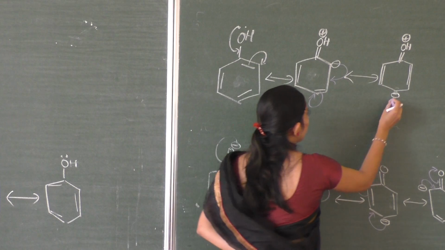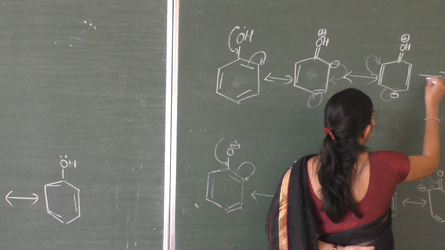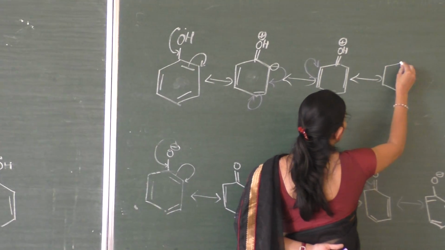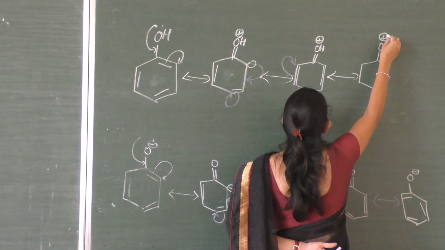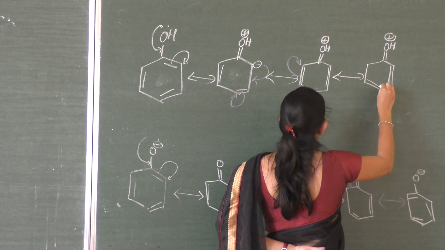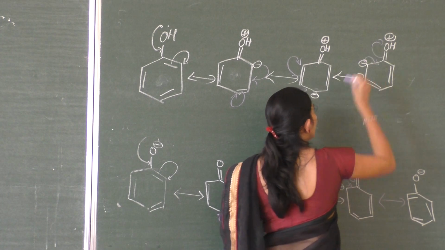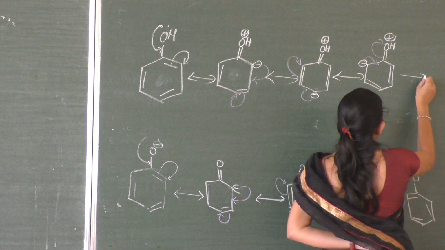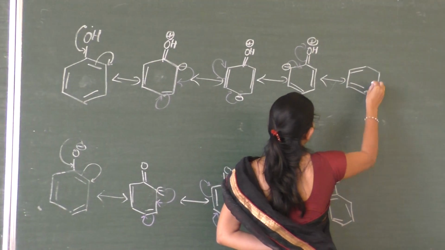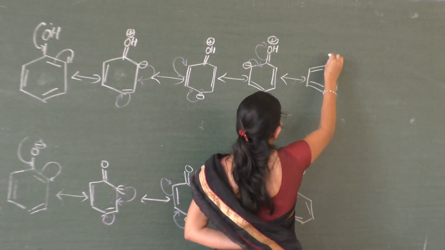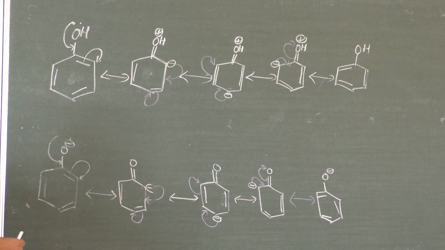Next I again shift this position, so we get the next structure where OH plus, here, negative charge. Next we shift this one, so we get the last resonance structure where the double bond is here, here, and OH.